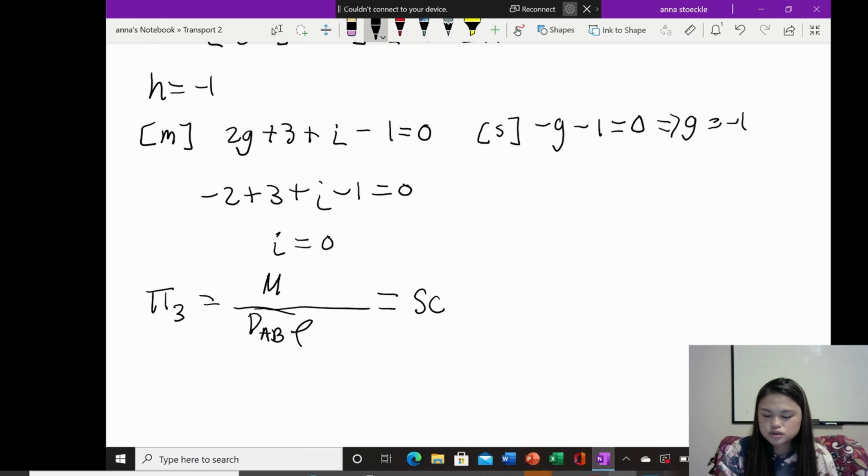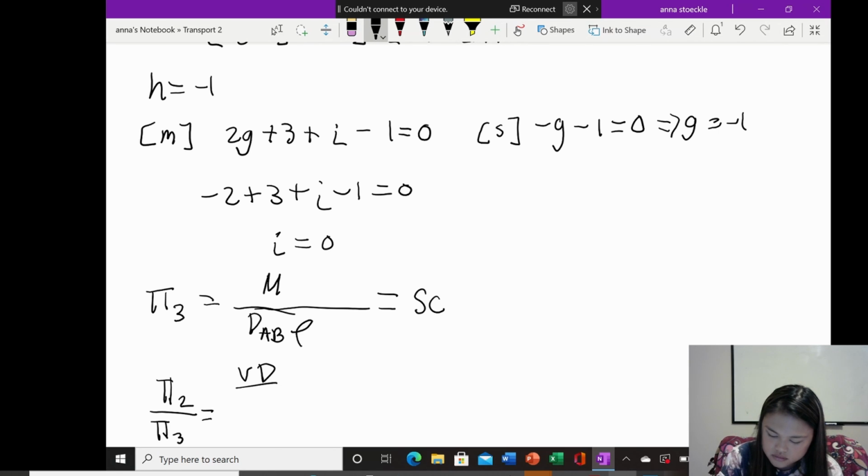So if I just do the pi 2 over pi 3, since we're interested in Reynolds and not really the Peclet, what I could do is divide that. So put those variables in there.